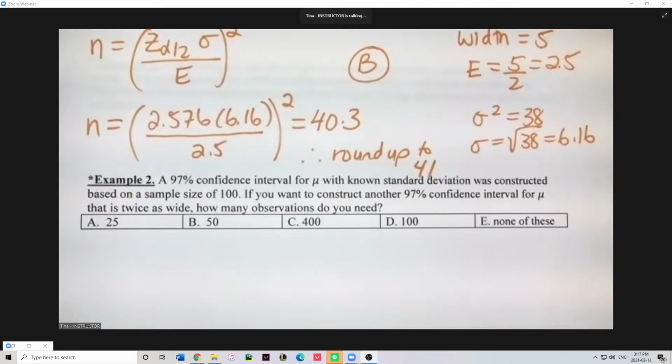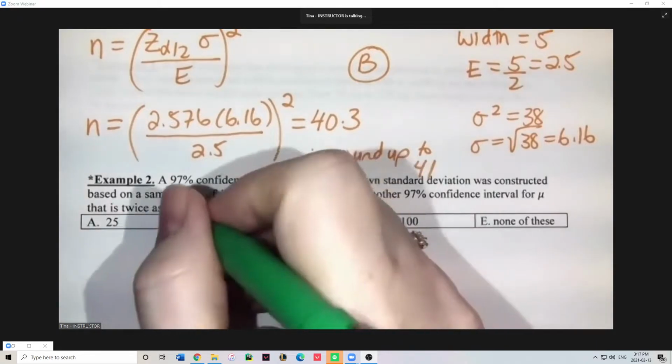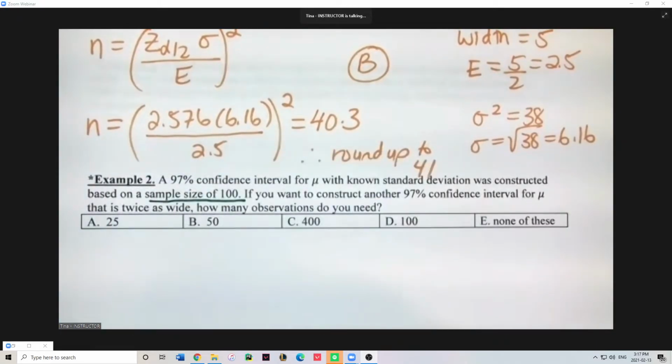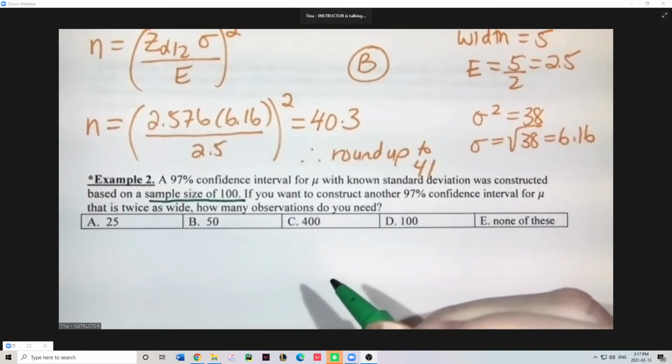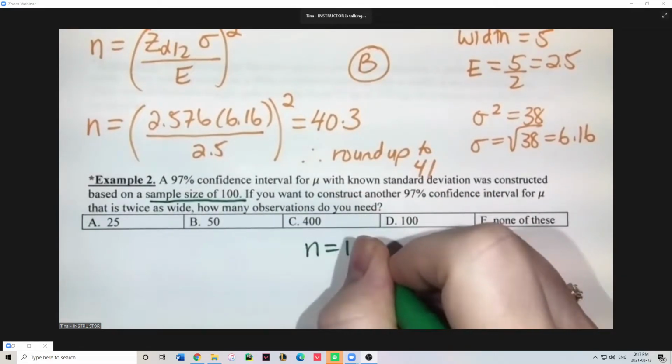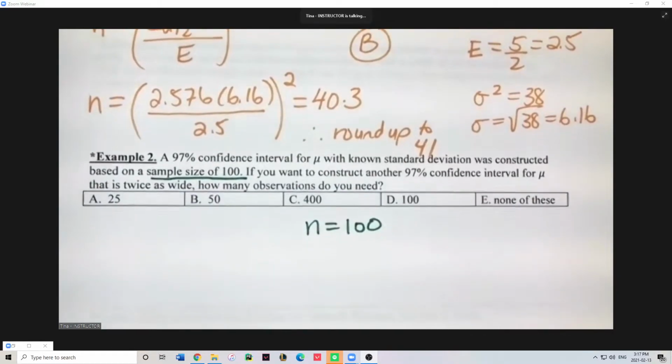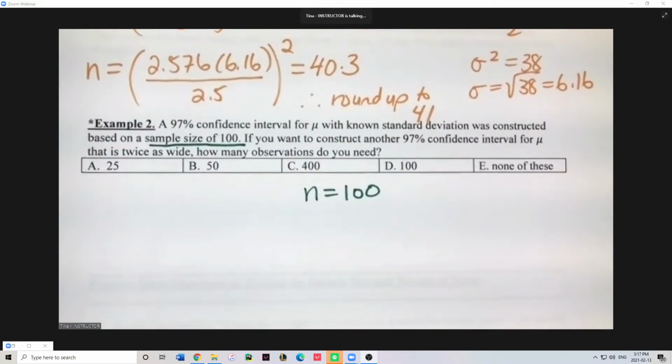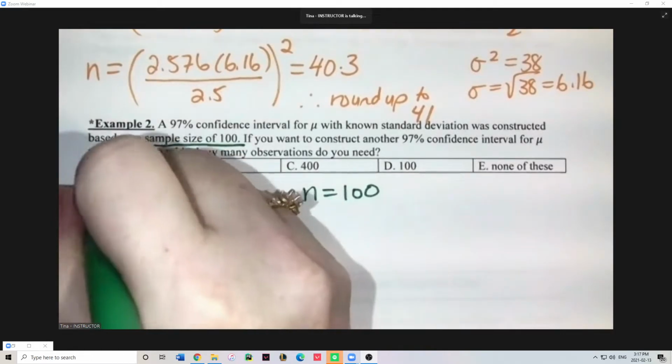Okay, a 97% confidence interval for you with known standard deviation was constructed based on a sample size of 100. So sample size means what letter here, guys? So that's n. If you want to construct another 97% confidence interval twice as wide, how many observations do you need?